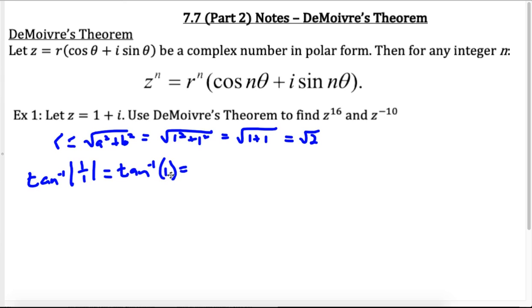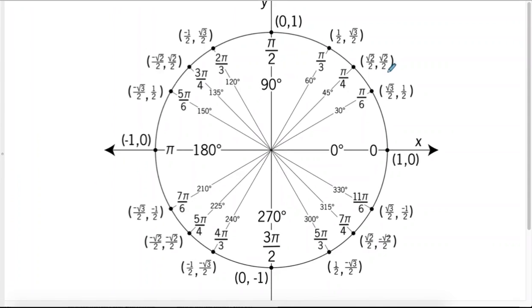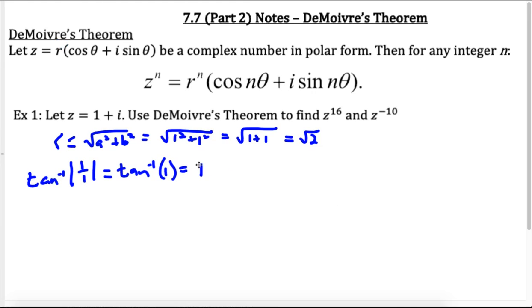If we put that in the calculator, or think about where on the unit circle tangent is equal to 1, that's going to be at pi over 4, where it's square root of 2 over 2 over square root of 2 over 2. So we can say that occurs at 45 degrees. Now, remember, this is our reference angle. So now we still need to think about what quadrant this is in. 1 plus i is going to be in the first quadrant.